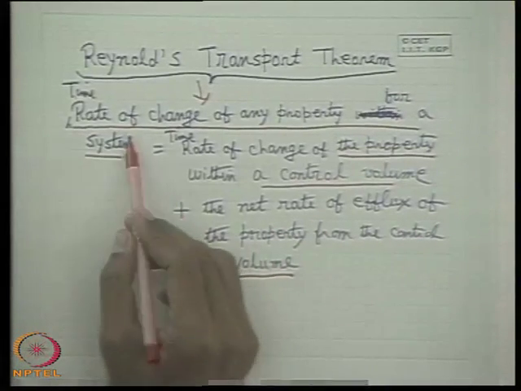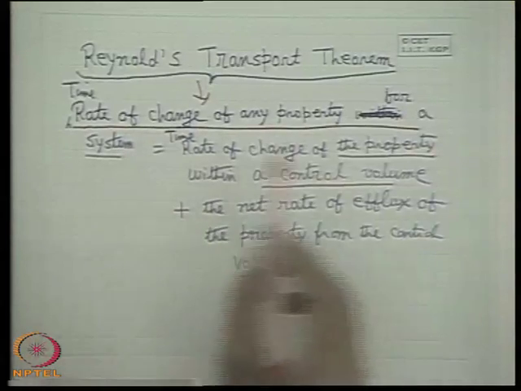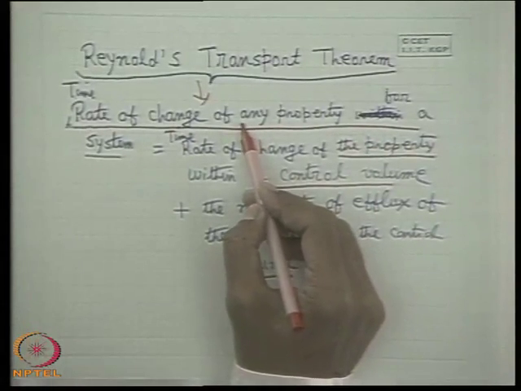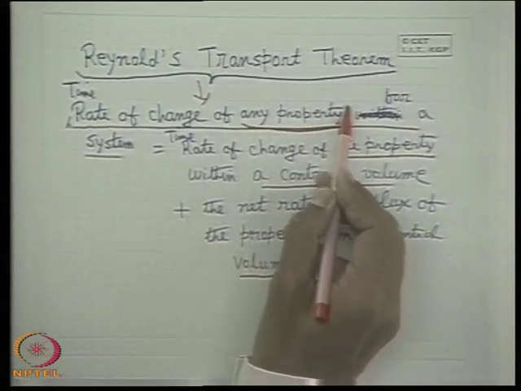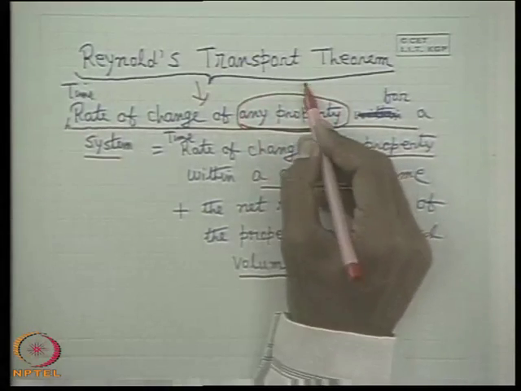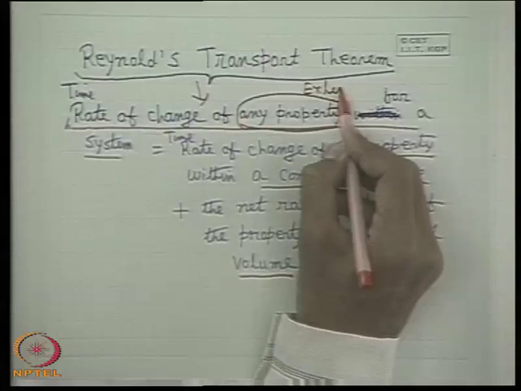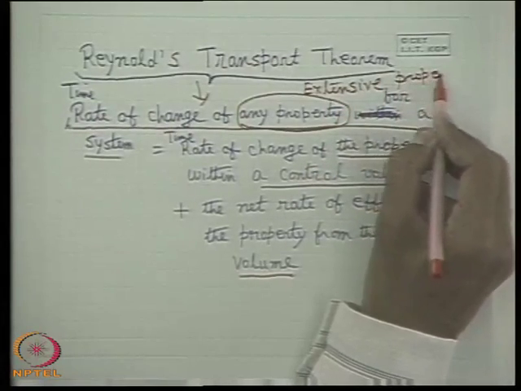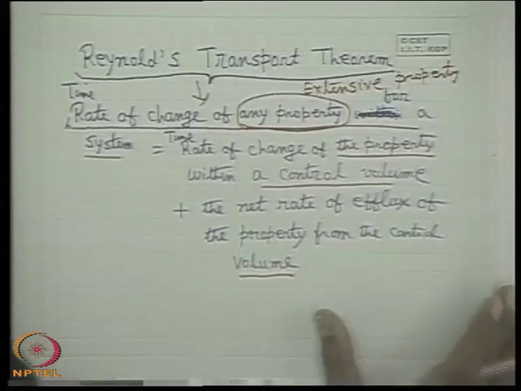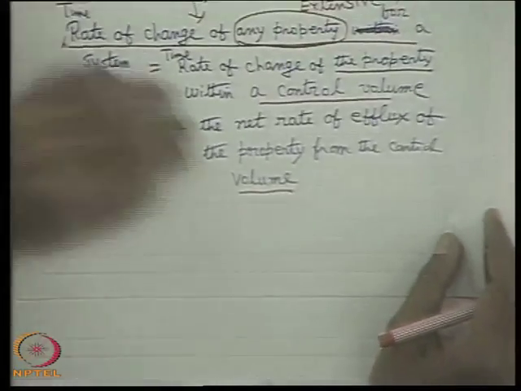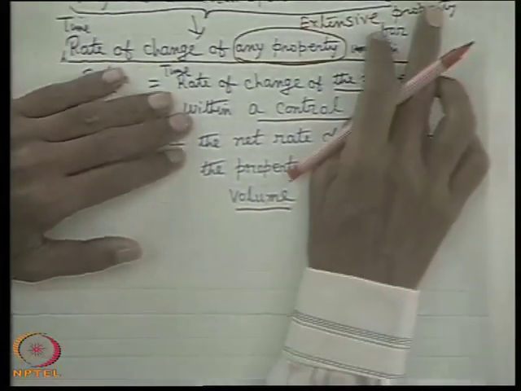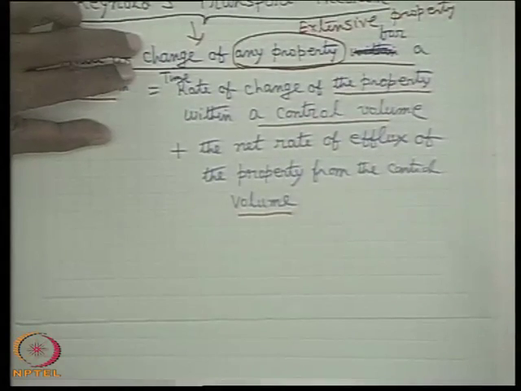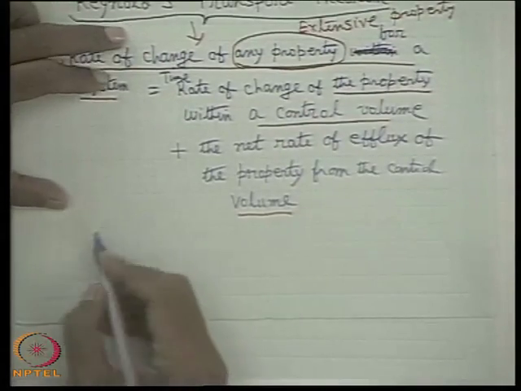Here also rate means with respect to time. So this equation relates the statement for a system to that for a control volume, and it is operative for any extensive property. So now this can be written in a mathematical form like that.